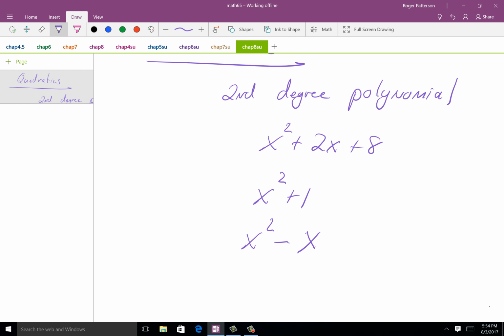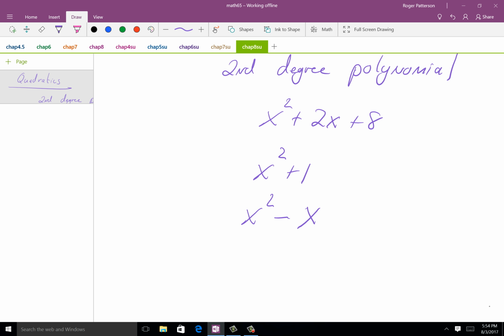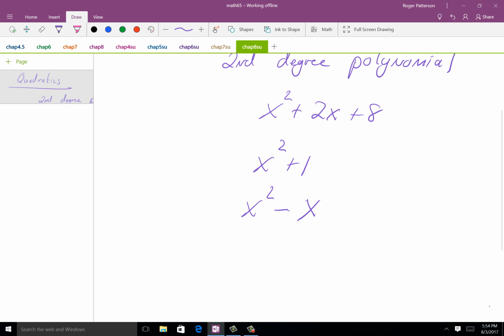Those are quadratics, okay? And the reason why we spend time on quadratics as mathematicians is because they make this kind of a shape. If we graph them, this is what we're going to get. The arch shape is seen in a lot of different things, particularly in structural engineering. They use this because it's strong, all right?